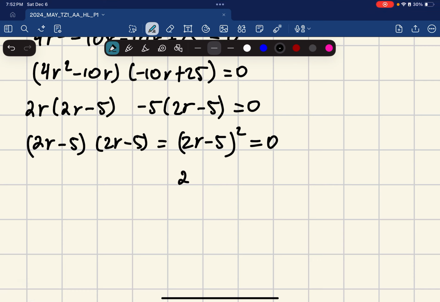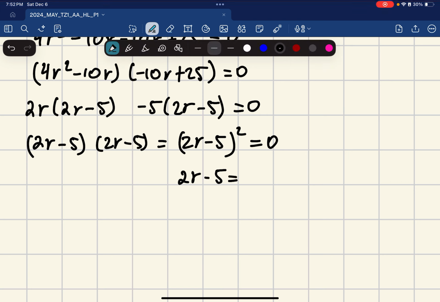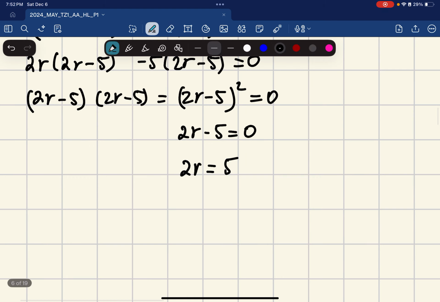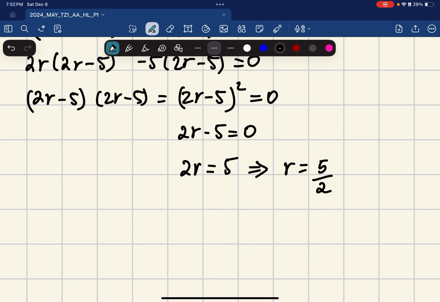So I have 2r minus 5 is equal to 0, because if I take the square root of 0, it's still 0. So 2r is equal to 5, because I add 5 on both sides to get rid of negative 5. This gives me that r is equal to 5 over 2.